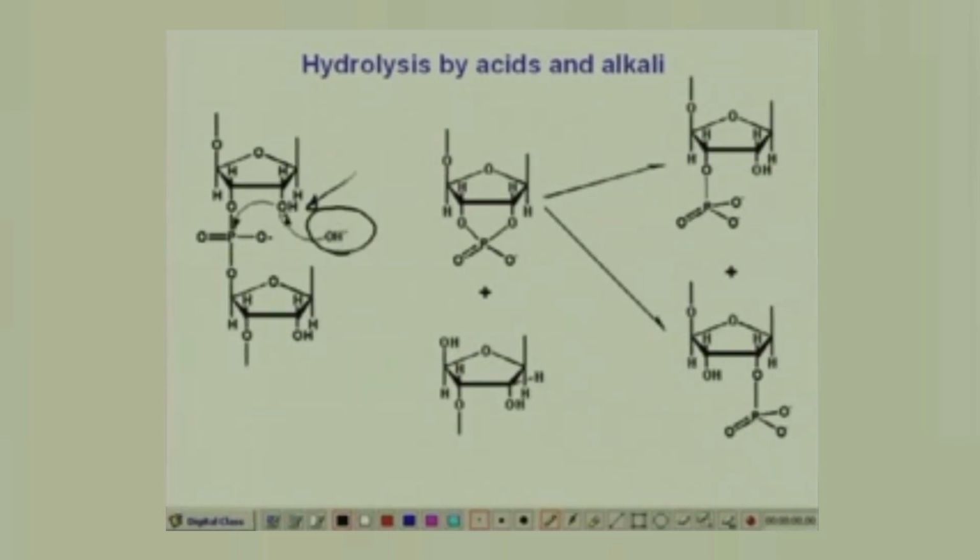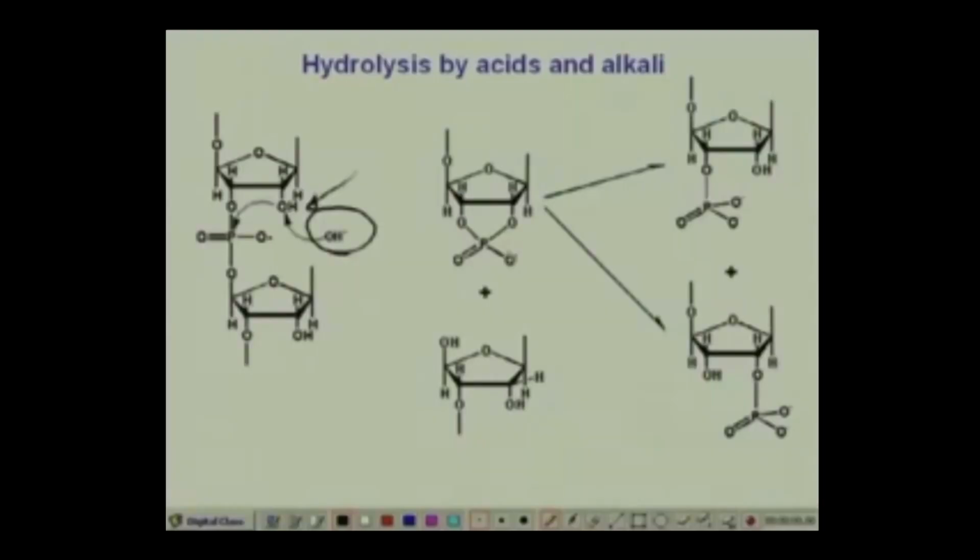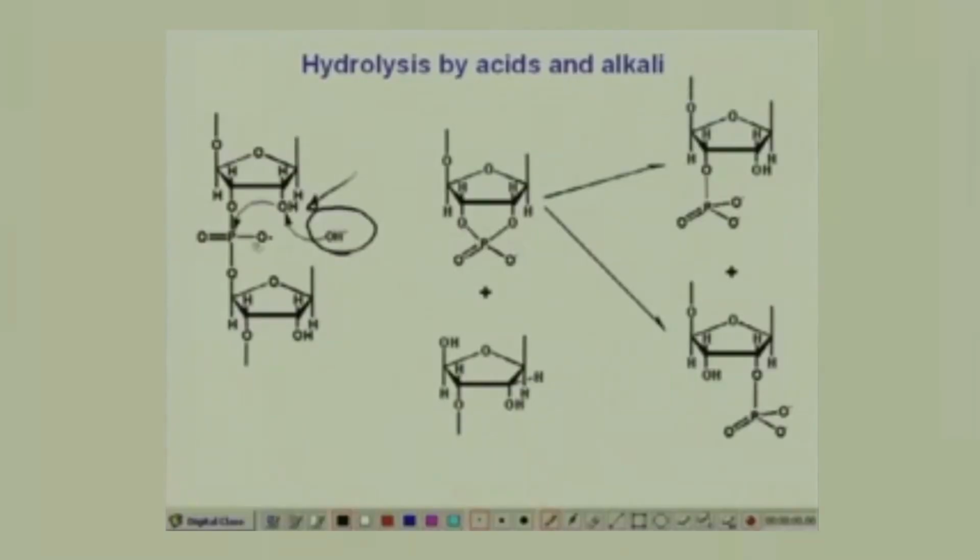Now, what happened when we considered the ribonuclease mechanism? Histidine 12 and histidine 119 were important in donating a proton. One acted as an acid and one as a base, and the roles were reversed in what was called the hydrolysis step. So, what we have is a transphosphorylation.